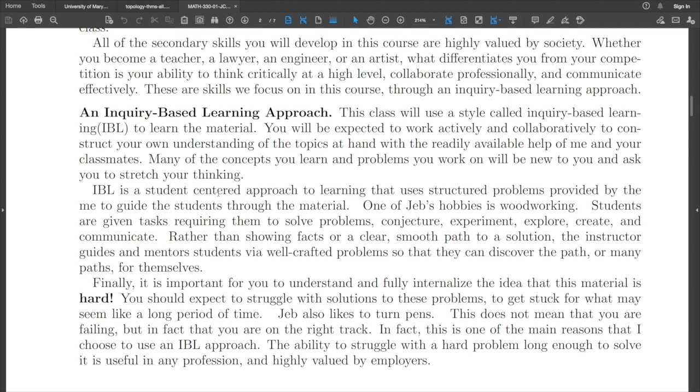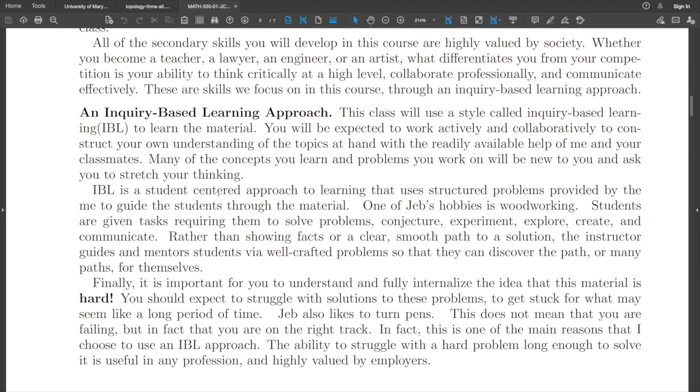The majority of class time is going to be spent with you as the students talking. Either you as the students presenting your proposed solution to problems, your proposed proofs, or you as the students commenting on other people's proposed proofs or proposed solutions, asking questions about it, trying to figure out why they came up with that solution.